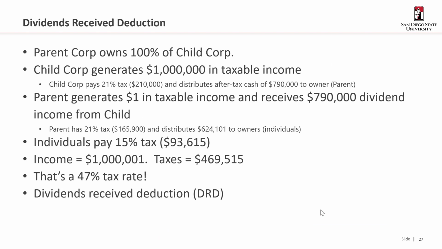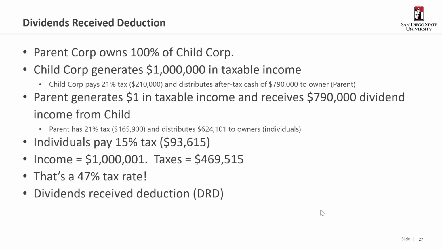Okay, so the dividends received deduction is to deal with situations where the parent corporation owns 100% of a child corporation. And if the child corp generates $1,000,000 in taxable income, that corporation pays 21% tax because they all do, which means $210,000 of taxes paid. That would leave $790,000 to distribute up to the parent.